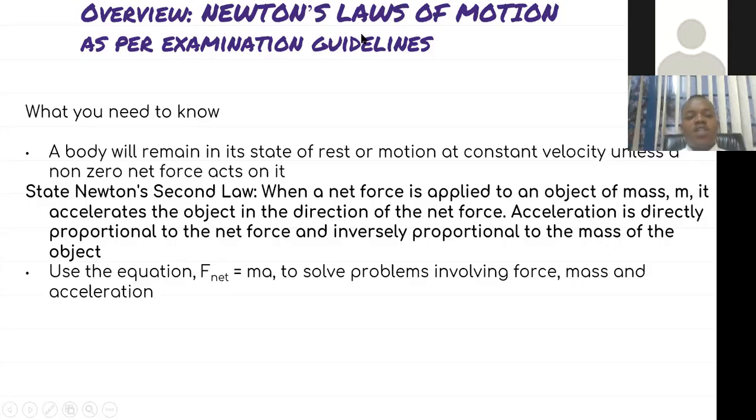So in the overview, in our Newton's laws of motion, as per the examination guidelines, this is essentially what you need to know. Now, my dear learners, you will remember that for you to prepare for your examination, you need to use your examination guidelines.